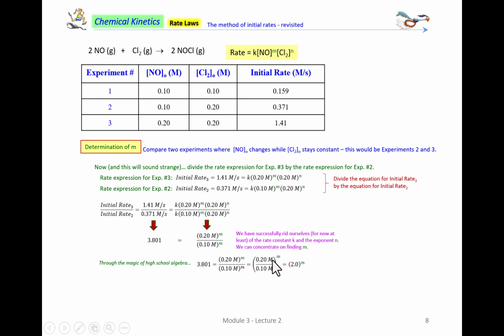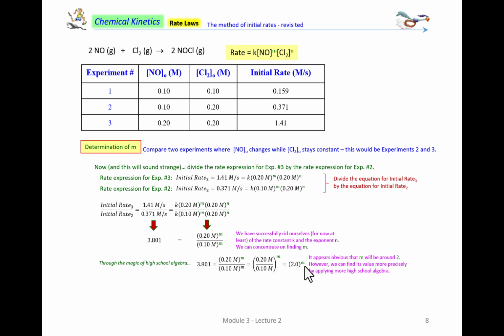And this term in the brackets here just turns out to be 2 because units of molarity cancel, and 0.2 divided by 0.1 is 2. So what we literally have is 3.801 equal to 2 to the m power. If you think about that, it appears that m will be around 2. Now, not exactly 2, but close to 2, as we thought.